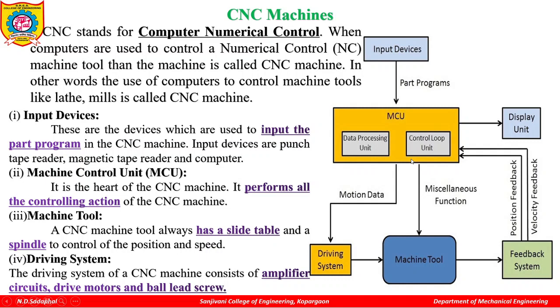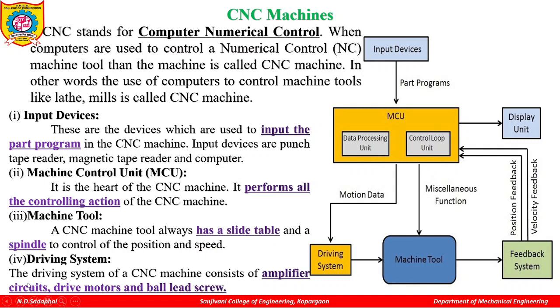Then those motions are sent to the machine tool. The machine tool has a slide table on which your workpiece is placed, and it also has a spindle or cutting tool. It will understand the different motions sent by the MCU, and it will perform those actions.